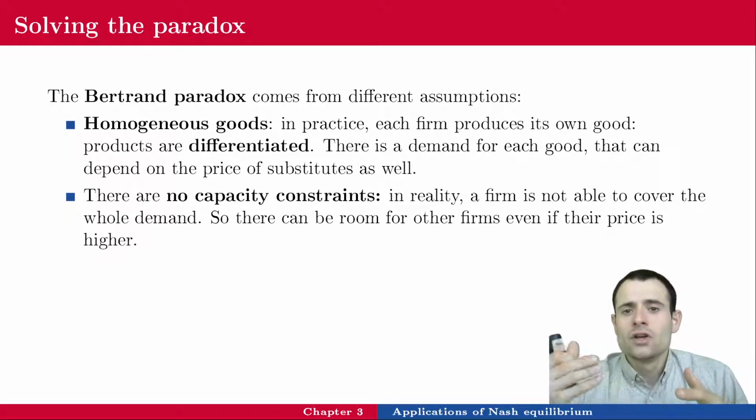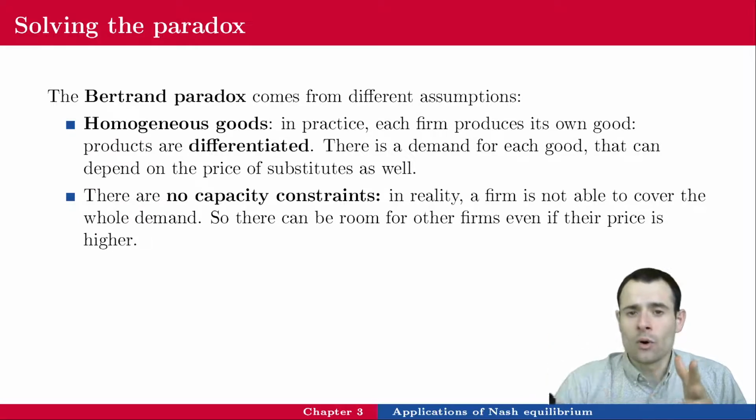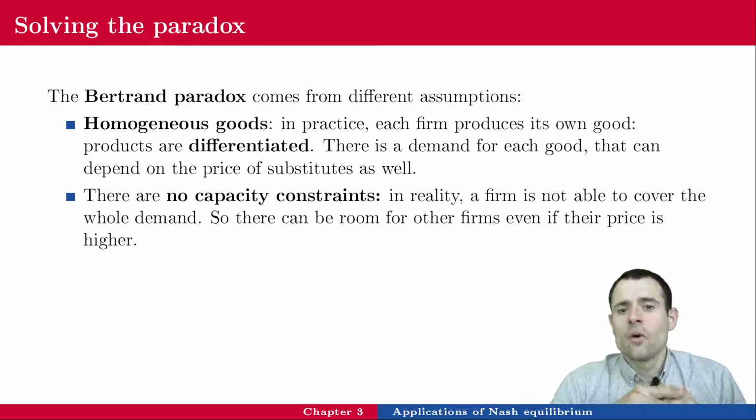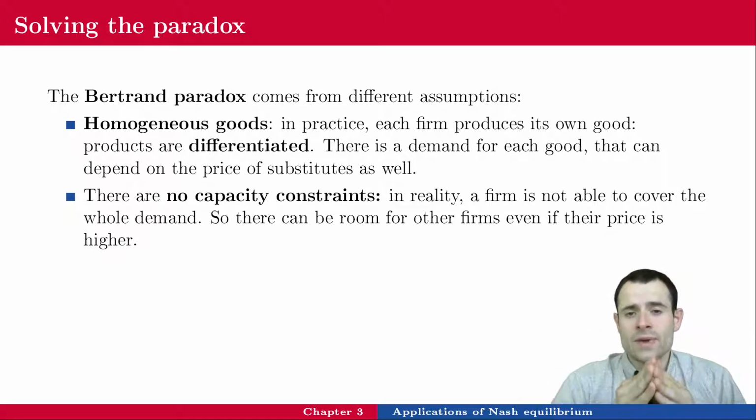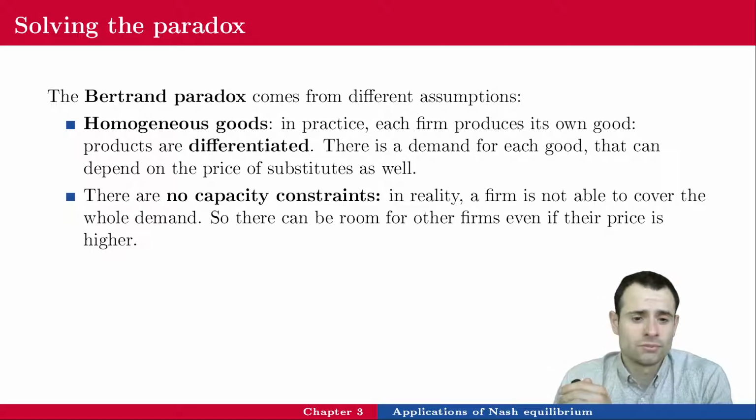Very often, you might show up at the store and not find a product anymore. You might have to wait a couple days for the employees to restock. If there are capacity constraints, if one firm cannot absorb all of the demand, then it means there is room for the other firm, even though the price is higher.